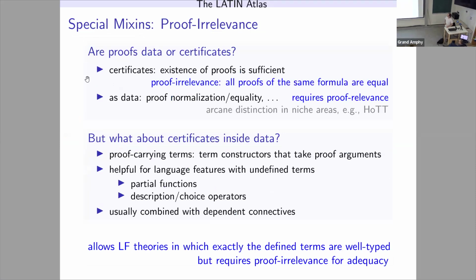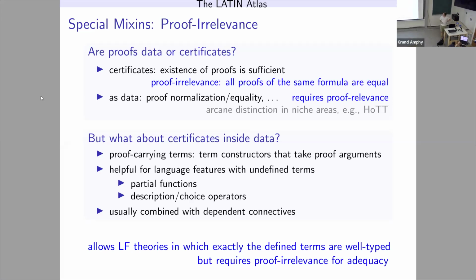And the other thing I mentioned is proof carrying terms. So that's connected to the issue of proof irrelevance. Ultimately, proof irrelevance is about the question, are the proofs data or just certificates? If the proofs are data, then it matters how we prove something. Different proofs could carry different meanings. If the proofs are just certificates, then it's more like a Boolean question. We have a proof or we don't. And it doesn't matter which proof we have.